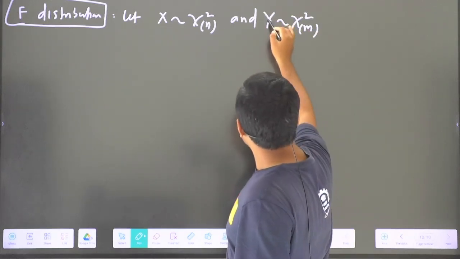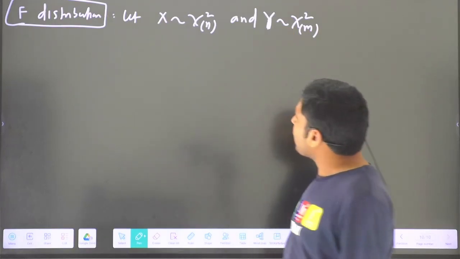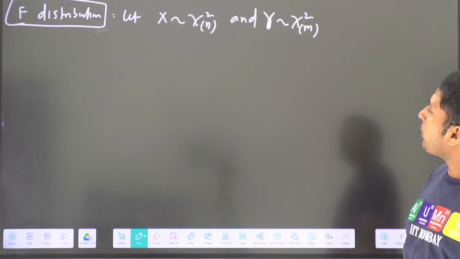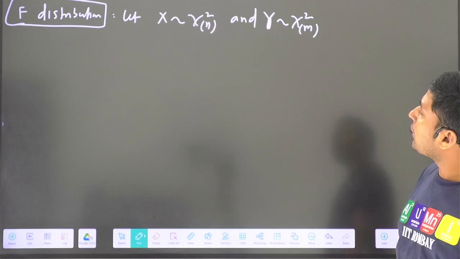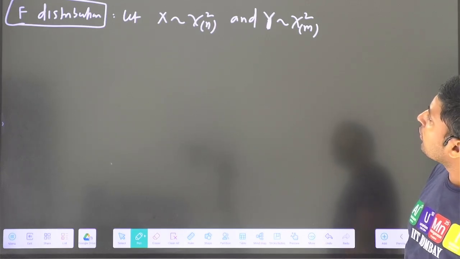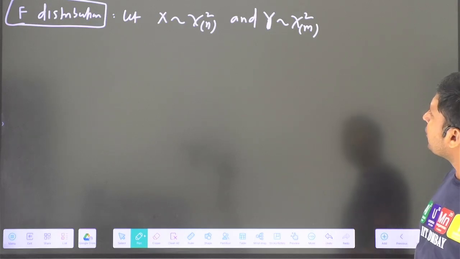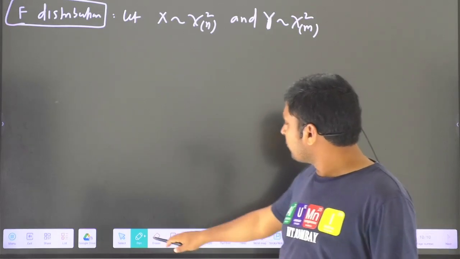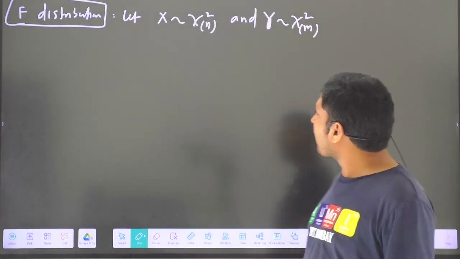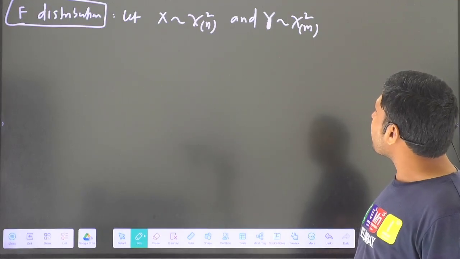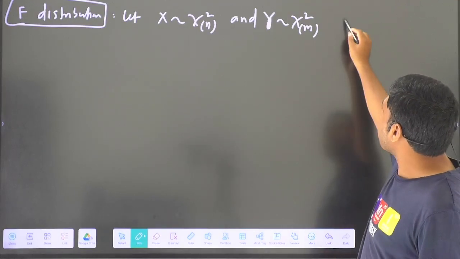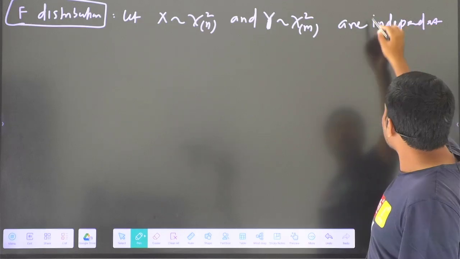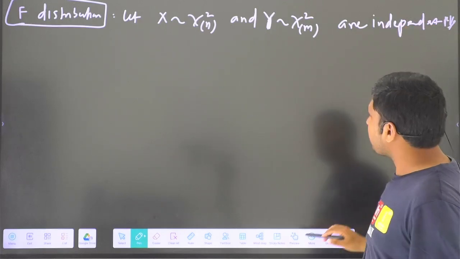So X is chi-square with n degrees of freedom, Y is chi-square with m degrees of freedom, and they are independent random variables.